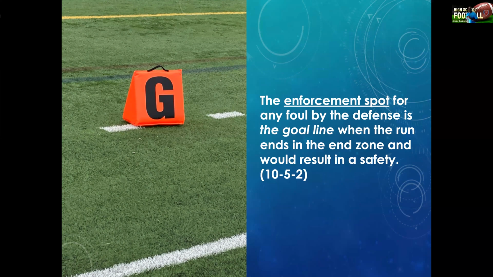The quarterback goes back to throw a pass in his end zone. He gets tackled, but he gets a face mask, right? The run ends in the end zone. The basic spot is in the end zone. But now the enforcement spot is going to be the goal line on that particular play. So it's the same animal, different stripes, whatever.